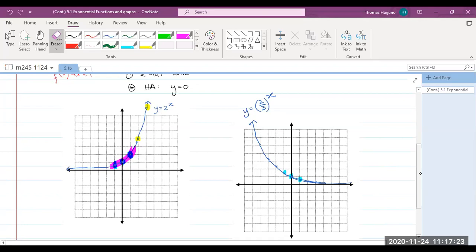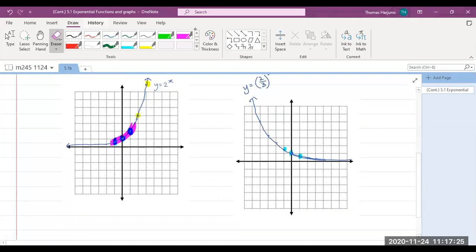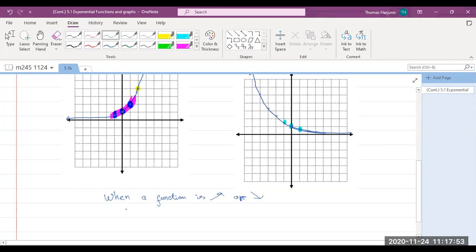Now, from these two graphs, we see something very, very important, which we know from chapter 3, I think. When a function is increasing or decreasing, you can see then the function is 1-to-1.